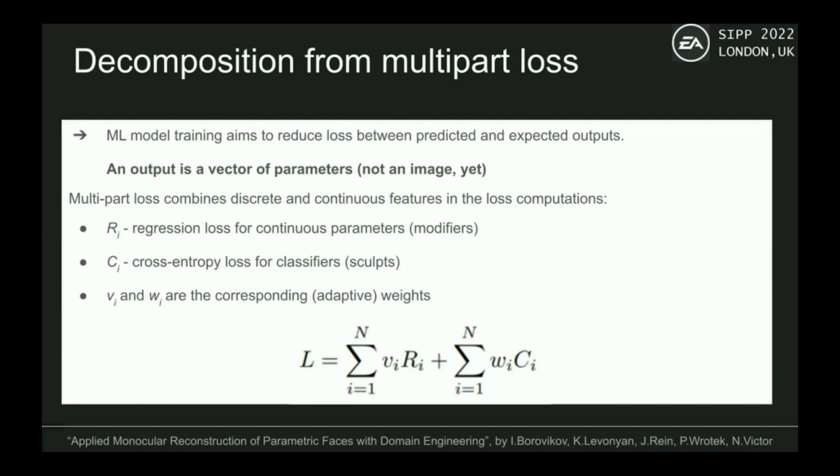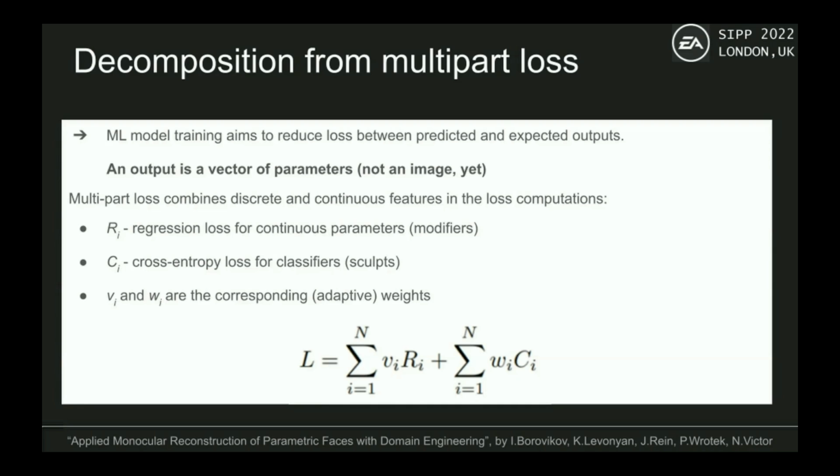The loss naturally breaks into several parts as follows. The continuous parameters correspond to the regression part of the problem, and they map to modifiers. Regression on these parameters can use L1 or L2 loss. The classification part is for discrete elements. We compute the classifier's loss as cross-entropy individually by facial region.